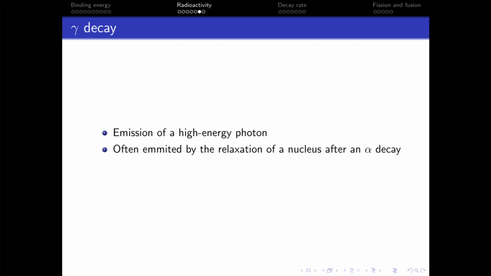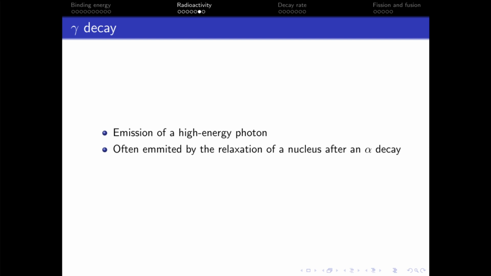And the last type of decay, which I won't take a lot of time on. What we call a gamma decay is just the emission of a photon. So sometimes after going through another type of decay, mostly alpha decay, the nucleus will end up in an excited state.